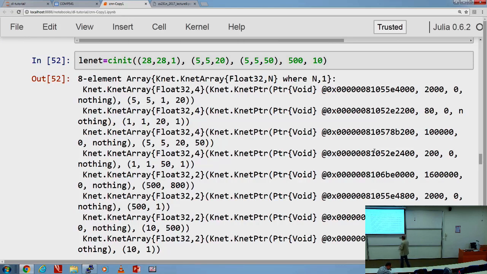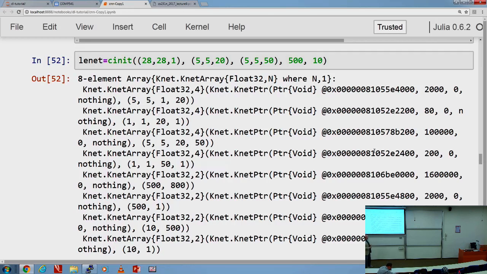It had two convolutional layers following an input of 28 by 28 by 1, and then two fully connected layers. All of the convolutional layers had the same order of operations: convolution, bias, activation function, and pooling, in that order. Okay?